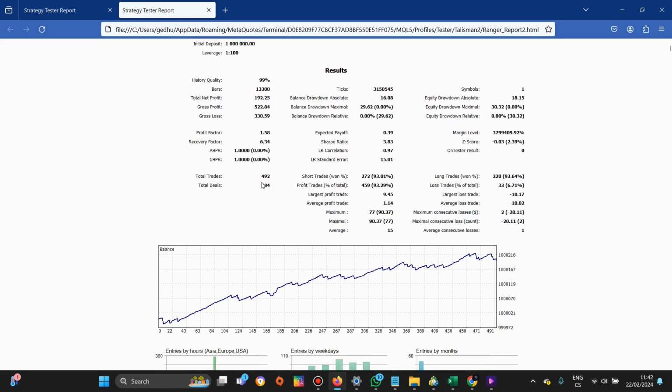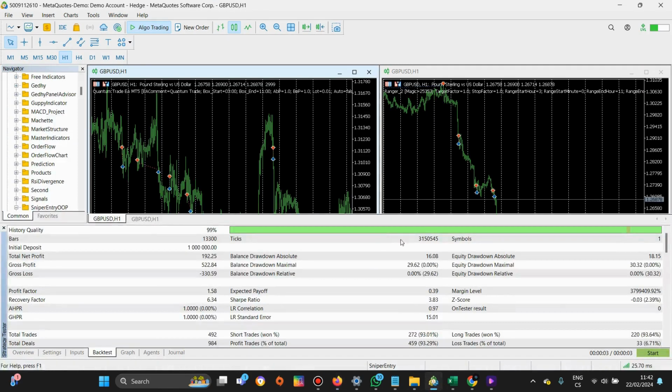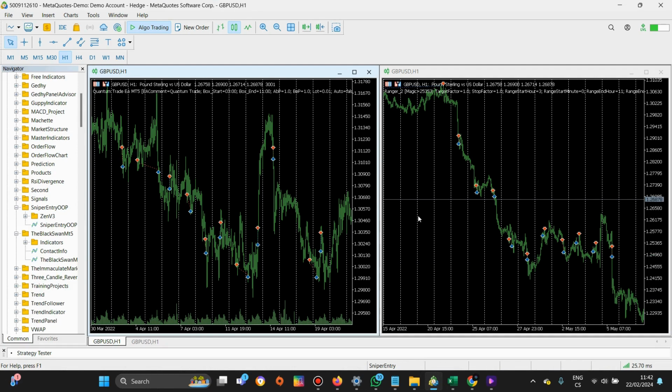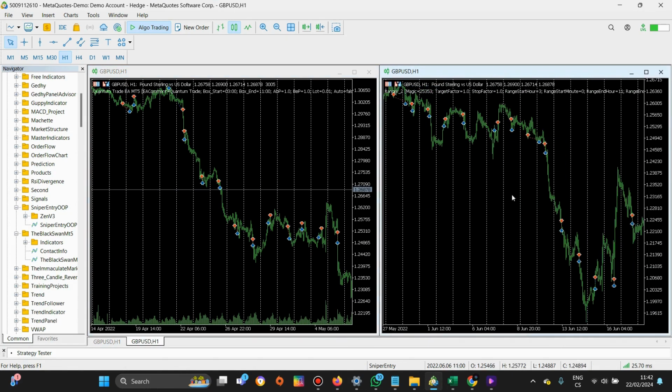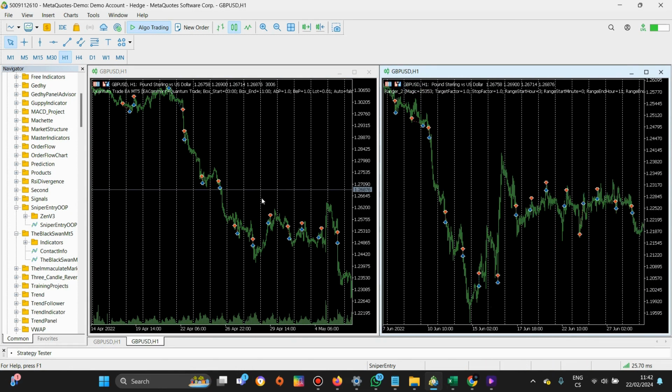Yeah, so at this point I was sure that the Quantum EA is a scam EA, because you can't just leave out the bad positions and take all of the good positions, because if we check, all of the winning positions in both of the EAs are the same.